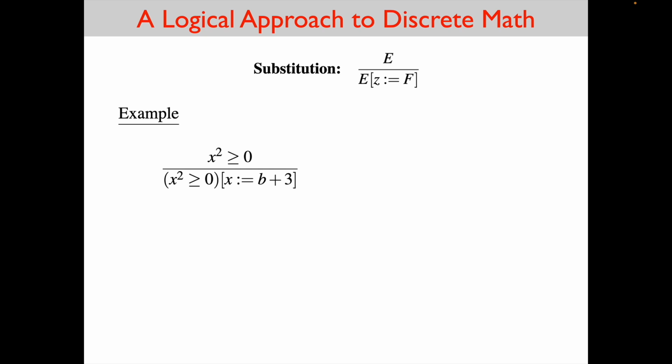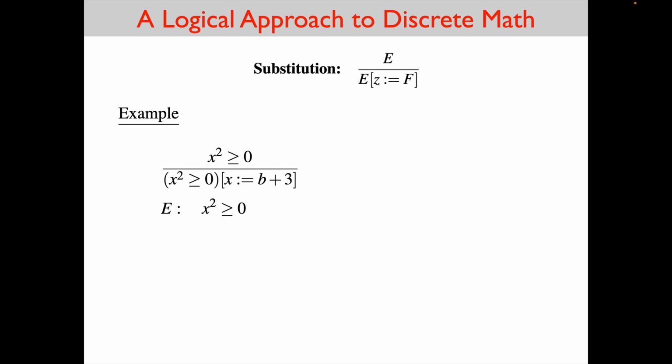So now how is it that this is an example of the general substitution rule at the top of the slide here? Well, we can see that the expression E is x squared is greater than or equal to 0. Obviously that greater than or equal to operation is a binary infix operator.